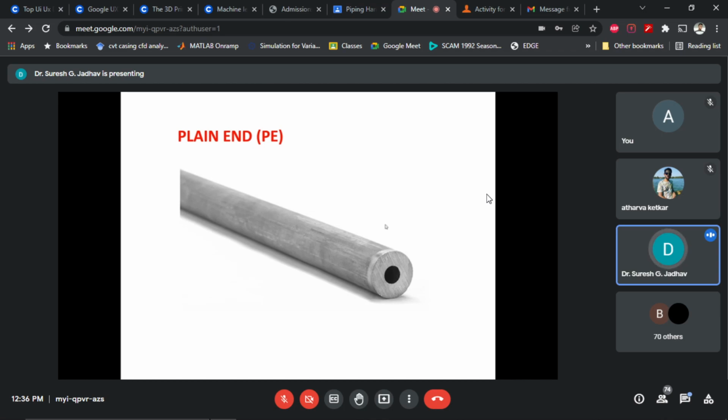Both styles require fillet welding, on either one or both sides of the fitting or flange, and at the base of the fitting or flange. Where applicable, the plain end will be placed typically 1/8 inch from where the pipe rests to allow for thermal expansion during welding. This makes them ideal for small diameter piping systems. So for this purpose, we can use plain ends. Now next is threaded ends.